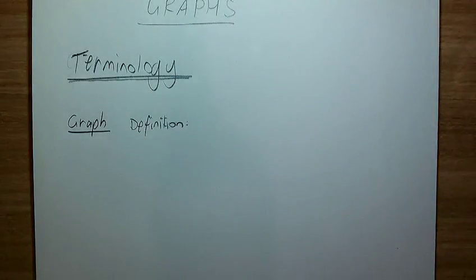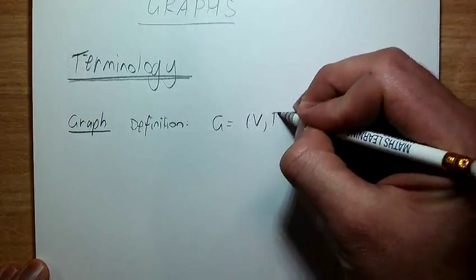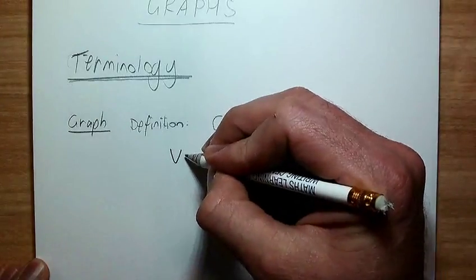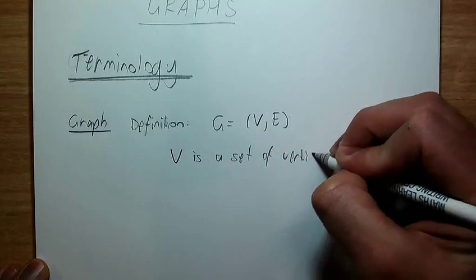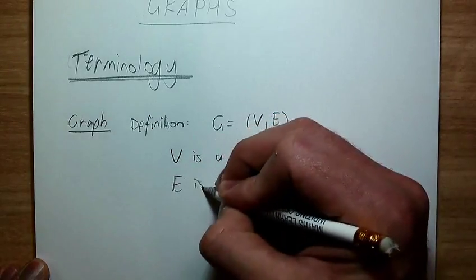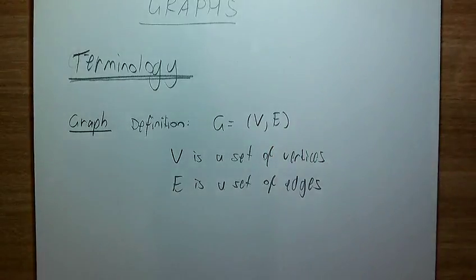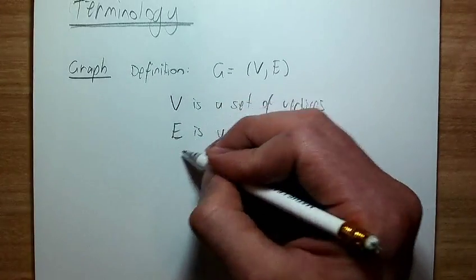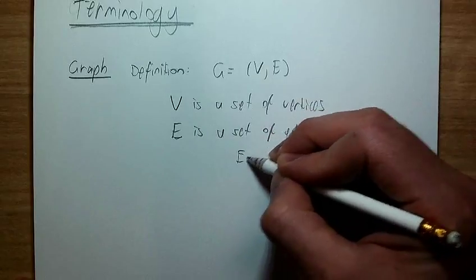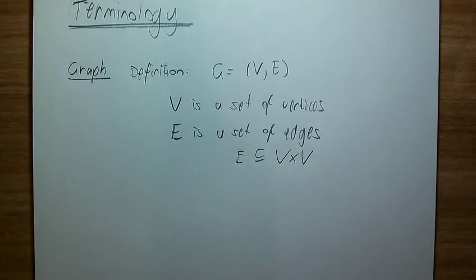So our definition is that it's a pair where V is a set of vertices and E is a set of edges, and E is a subset of V cross V. Rightio. And that's your standard graph.